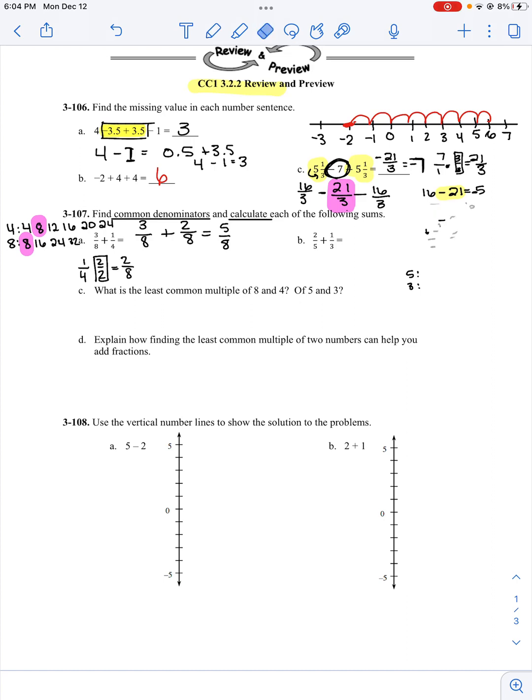Now for my 5s. So I can count by 5s, 5, 10, 15, 20, 25. Count by 3s, 3, 6, 9, 12, 15, 18. I see one in common. It is 15.